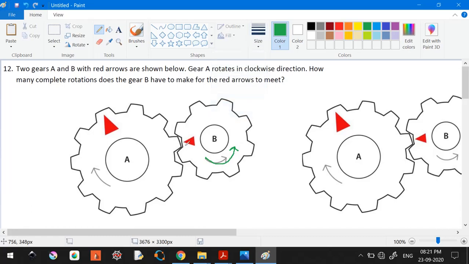Which means if B completes one complete rotation like this, which has 1, 2, 3, 4, 5, 6, 7, 8 teeth, so it has 8 teeth. So if I start from here and turn B one complete revolution, call it rotation, what is happening? These 8 teeth are going to move.